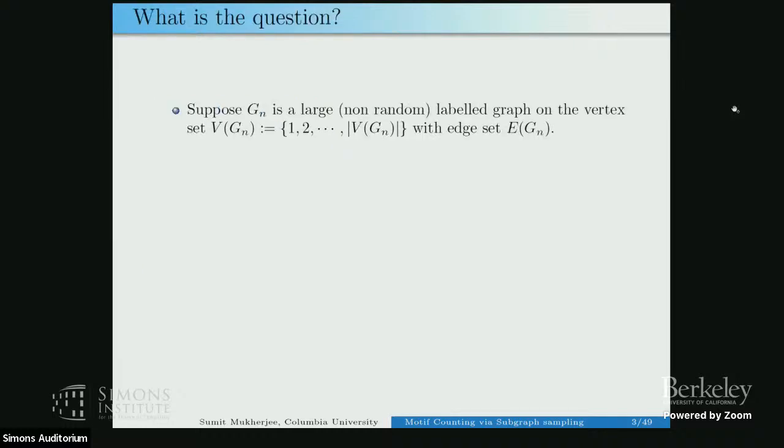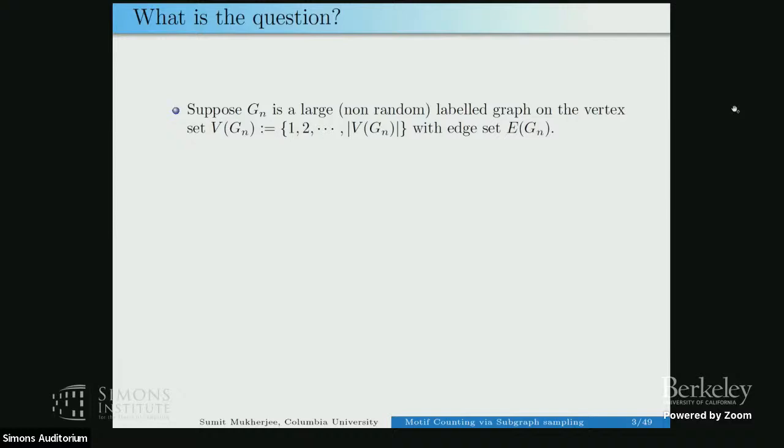Okay, so what is the question that we want to study? So no graphons here. Graphons will make a very brief appearance in one slide later on. So you just have a sequence of graphs, but let's say you have one large graph G_n, whose vertex set is 1, 2 up to V(G_n), whose edge set is E(G_n).